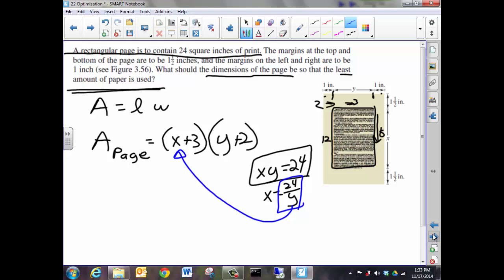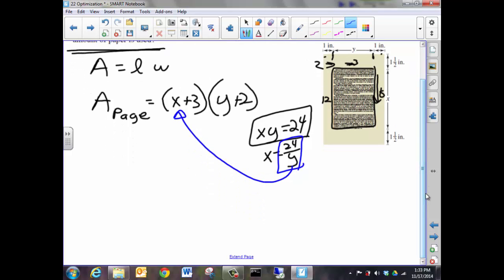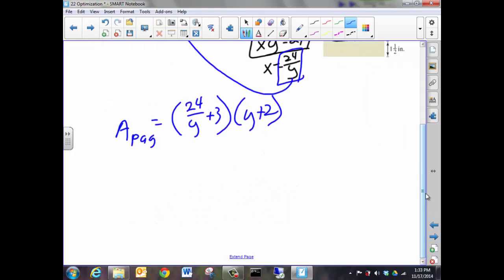Would you agree with that? And now we have found that the area of the page is 24 over y plus 3 times y plus 2. Would you agree with that assessment?